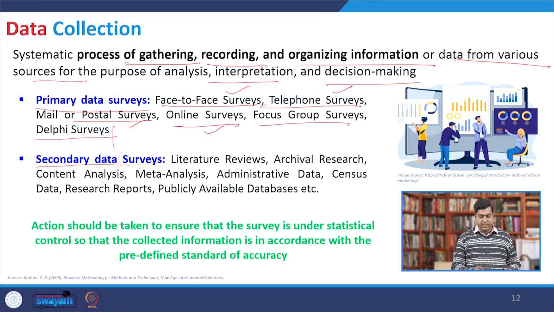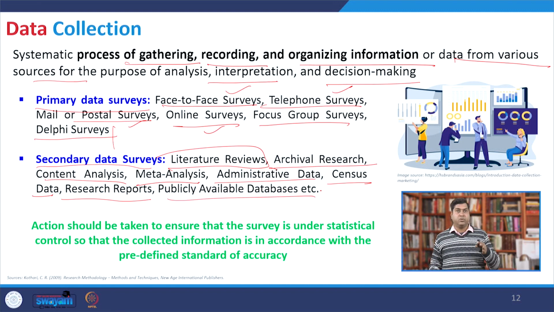Or it can be secondary data, through literature review, archival research, content analysis, meta analysis, administrative data, or census data, which is also very common for us doing research in planning.